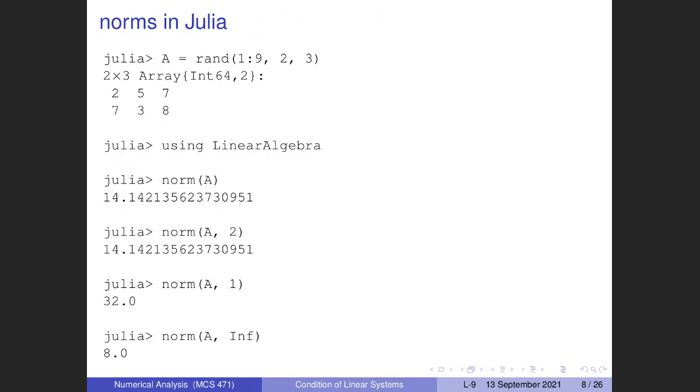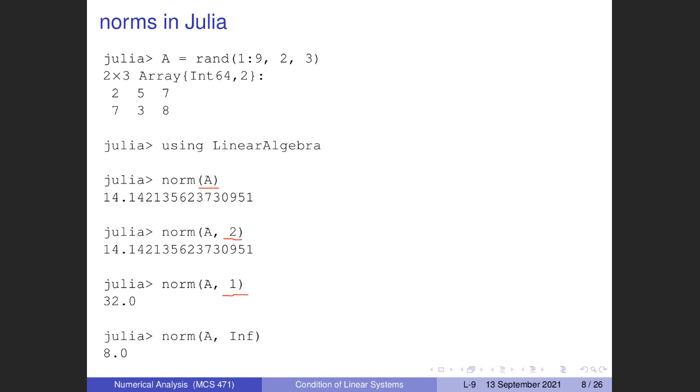So in Julia, norms are very easy to compute. They are provided within the LinearAlgebra module. The norm by default is the 2 norm. As you can see here, if you do not provide anything other than the matrix, you will get the 2 norm.